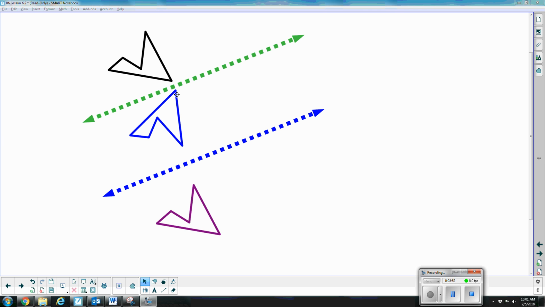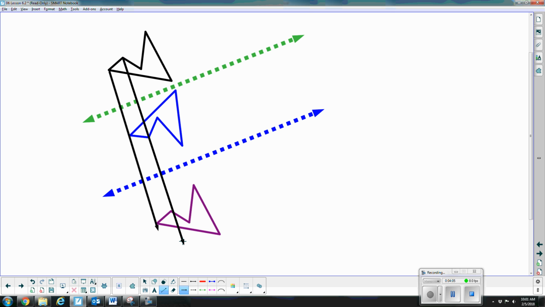Well, it could be a rotation of 180 degrees, but really the best answer here is translation, because from each point to its image point is exactly the same distance, and all of these vectors are parallel.